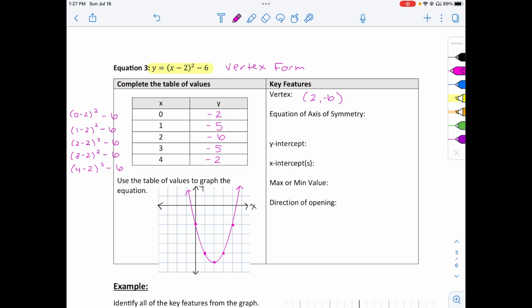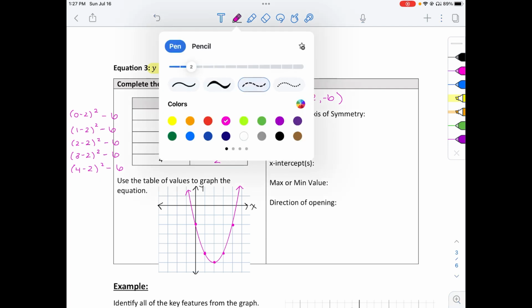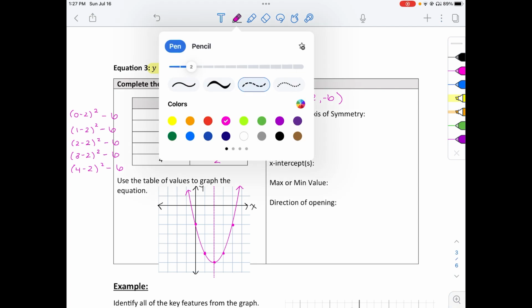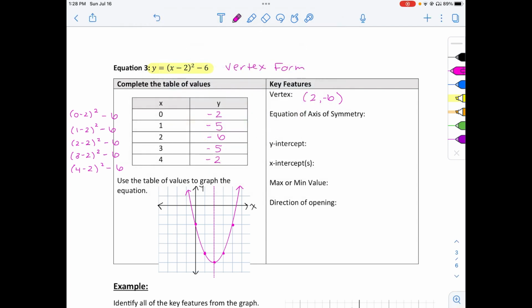And see, what do you notice about the numbers compared to what my vertex is? The axis of symmetry, again, is going to cut through the middle of the curve here, through my vertex. So that's going to be x equals 2, right? That's related to the x value of the x coordinate of the vertex.